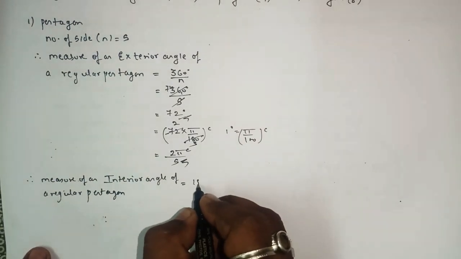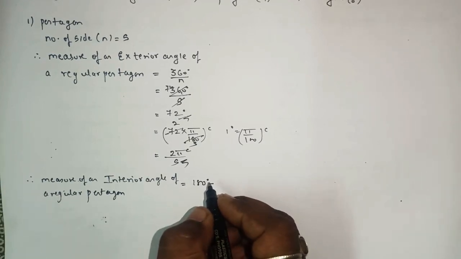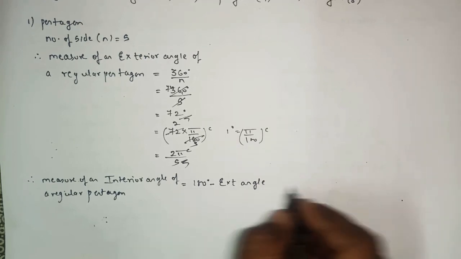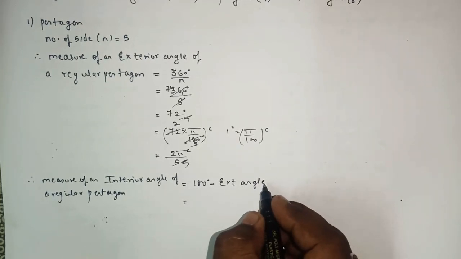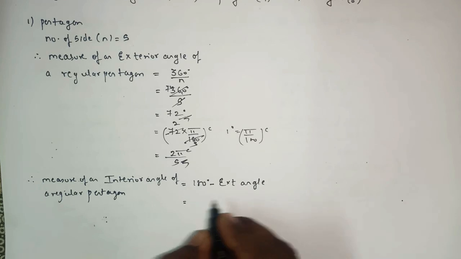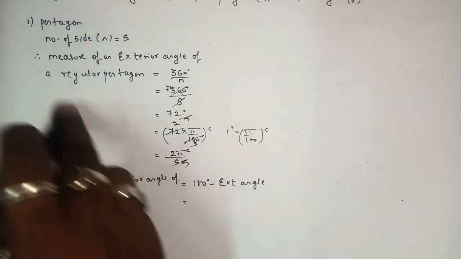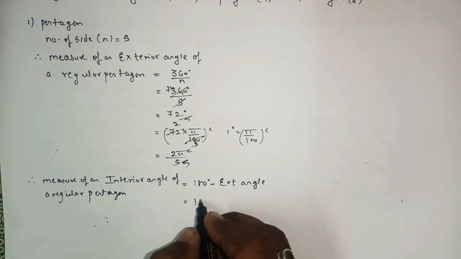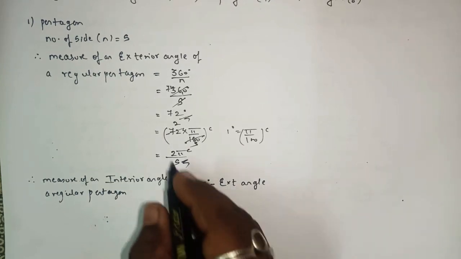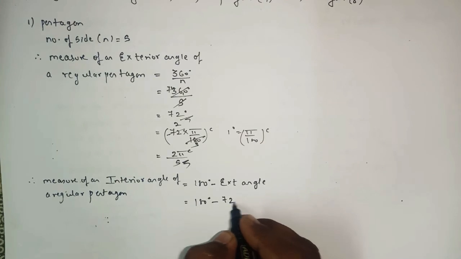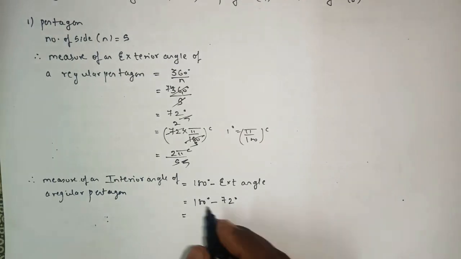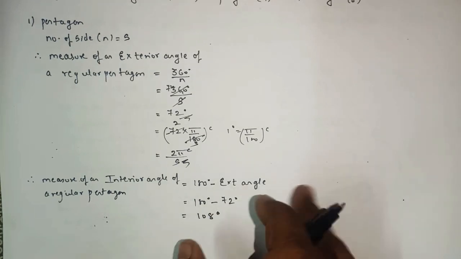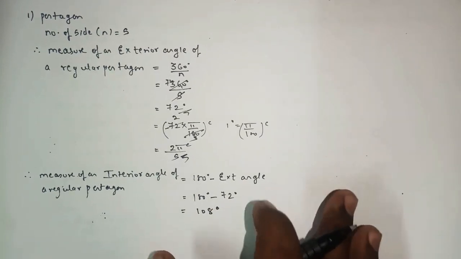So you will write 180 minus the exterior angle of the regular polygon. Your polygon shape is a pentagon, so you will write exterior angle of a regular pentagon. The exterior angle we got in degrees is 72. So 180 minus 72, you will be left with 108. Yes or no?